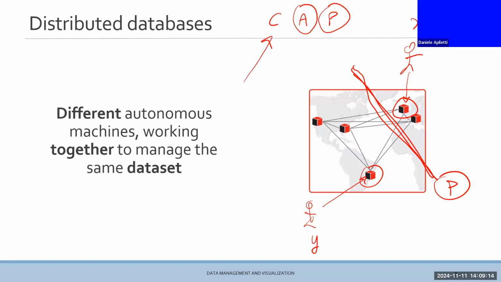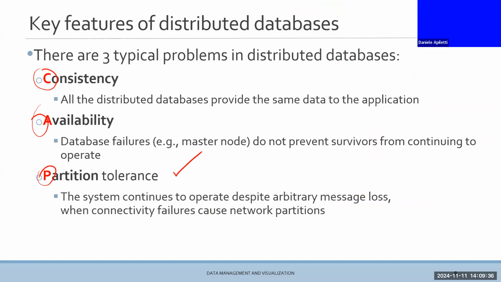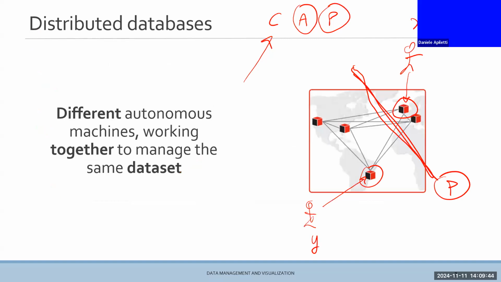We are not consistent, because if you query the database from the American side, you will get that the room is for customer Y. If you query from the Europe and Africa side, the answer is that the room is for customer X. That's not consistent, because consistency means all the nodes provide the same data to the application. We provide different data. So we were available, yes. We earned the money twice for the same room. Very good, but we're not consistent.